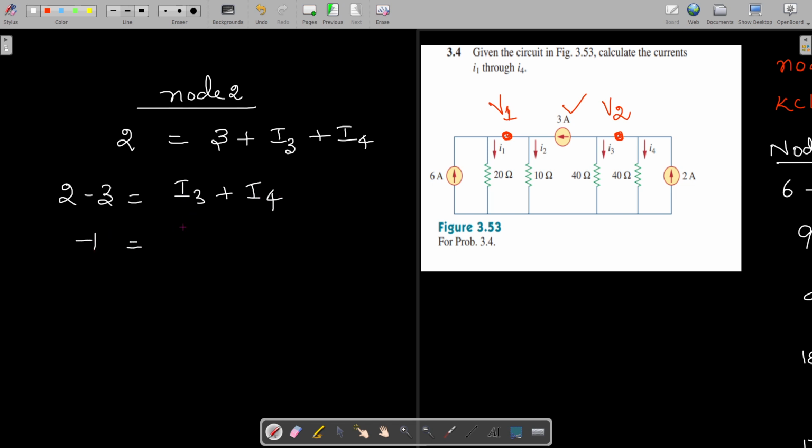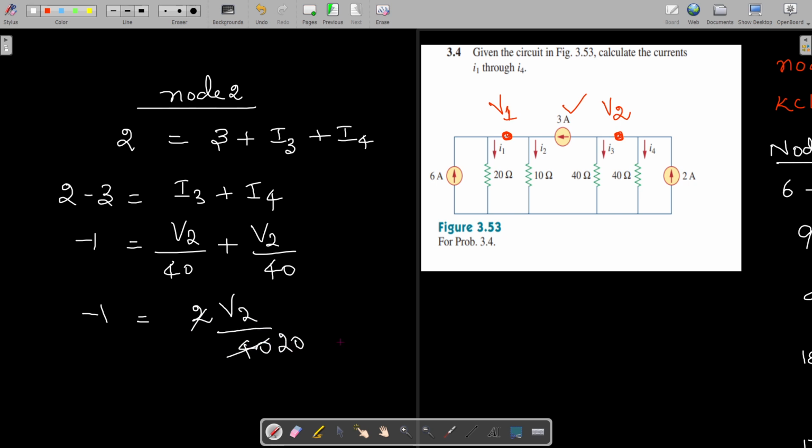For I3 we can apply Ohm's law here, so that is V2 by 40 ohms plus again V2 by 40, so minus 1 is equal to 2 times V2 by 40, right? So it is V2 by 20.